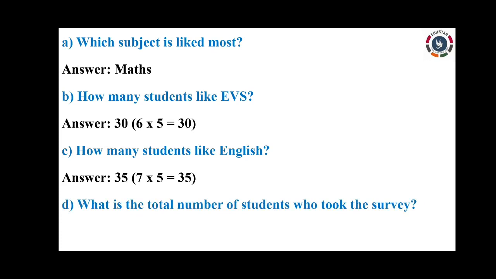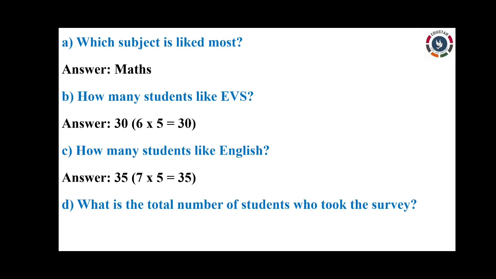Last question. What is the total number of students who took the survey? Now we have to find the total number of students who participated in this survey. In English, 35 students participated. Maths, 50 students participated.